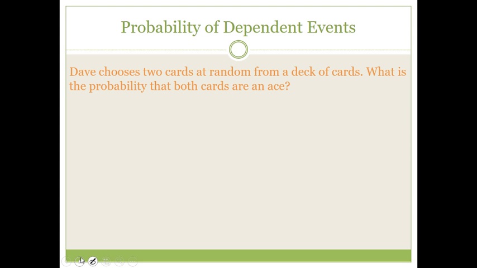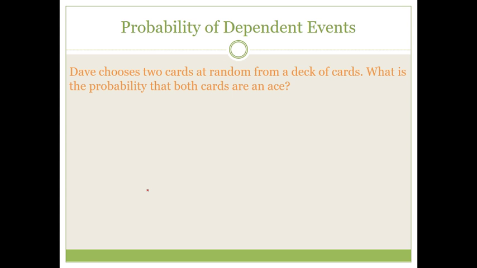So let me give you a little bit of background information because not everybody knows this about a deck of cards, right? In a deck of cards, there are 52 total cards in the deck. All right, and they are cards 2 through ace. Each number of cards has 4. So there are 4 2s, there are 4 3s, there are 4 4s, and so forth.